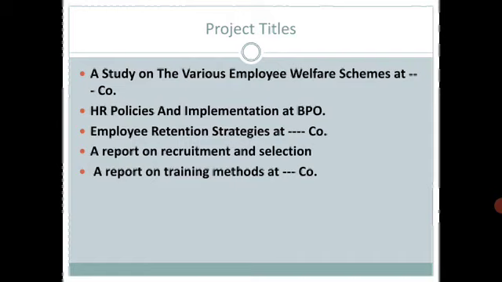Then project title number 2, HR policies and implementation at BPO. See, what might be the objectives of project title number 2?